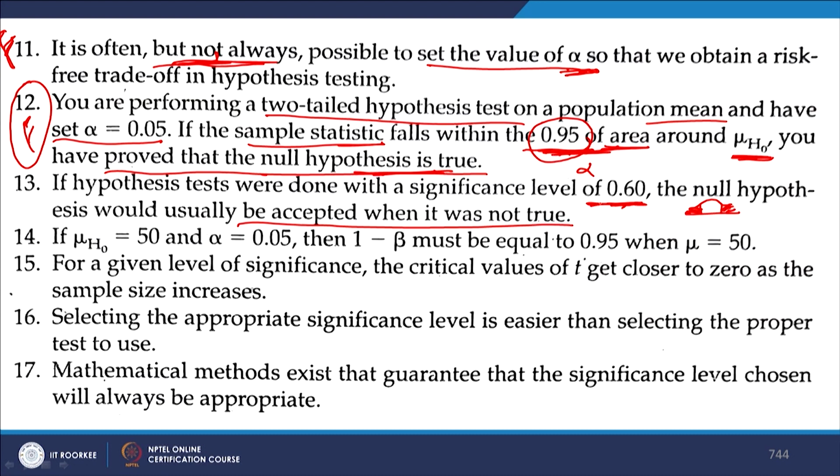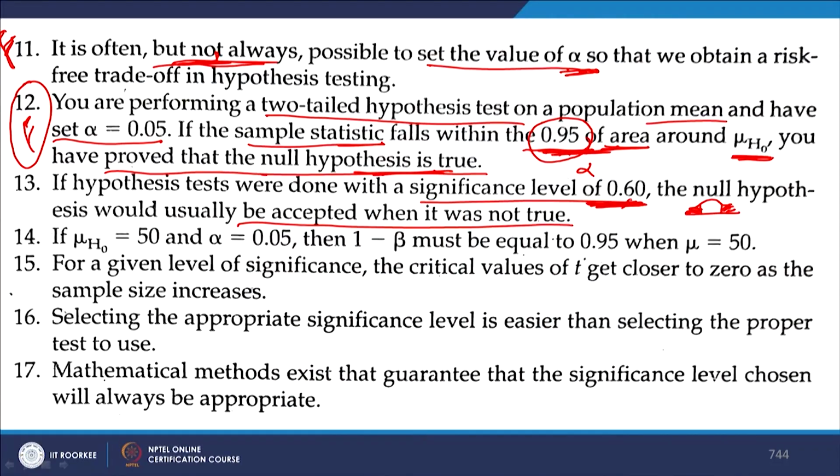Why do we not test hypotheses at a high significance level? In one of the slides I taught you why: because there is a probability of rejecting a null hypothesis which is true. So, this statement is false.